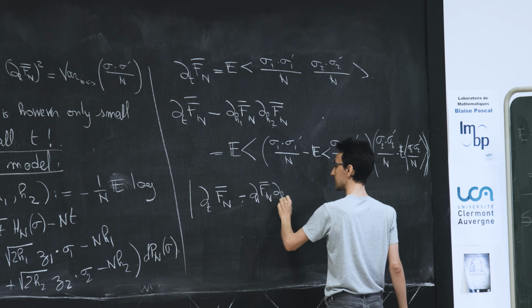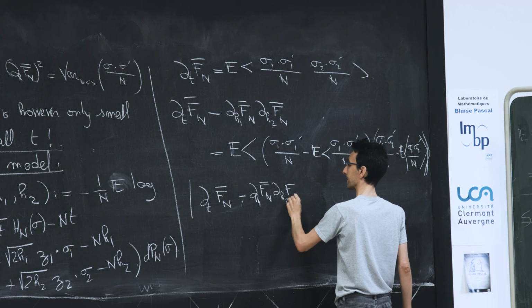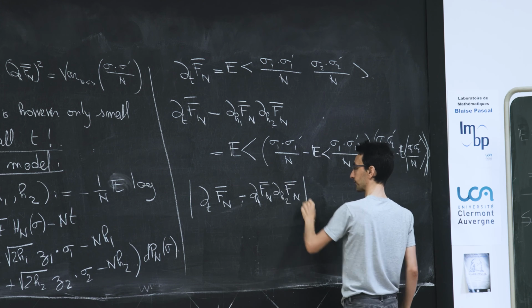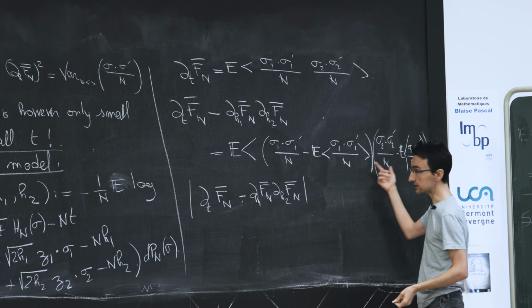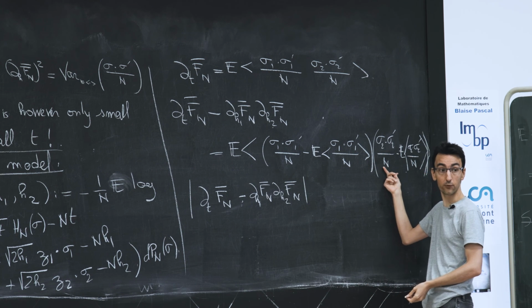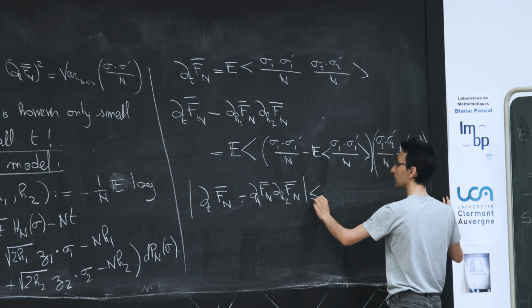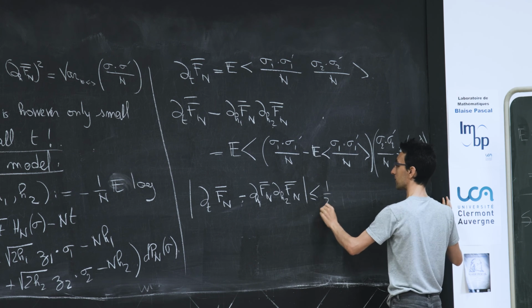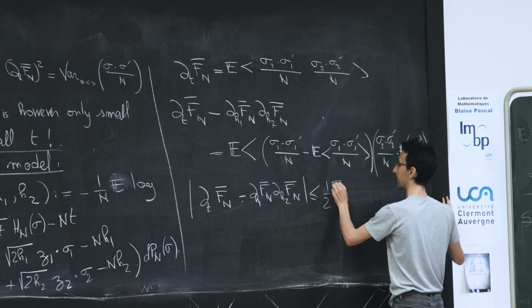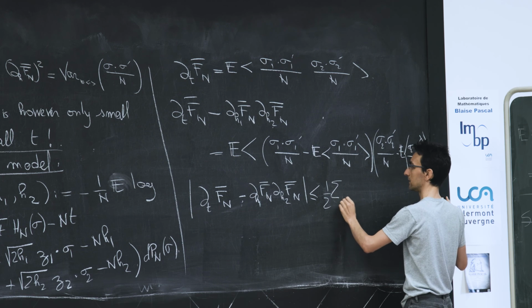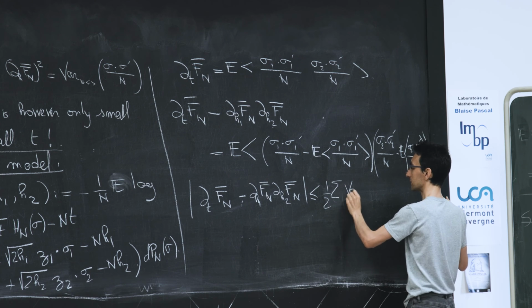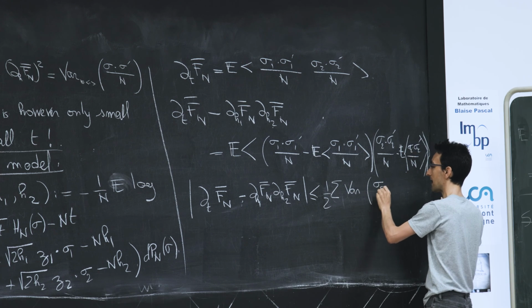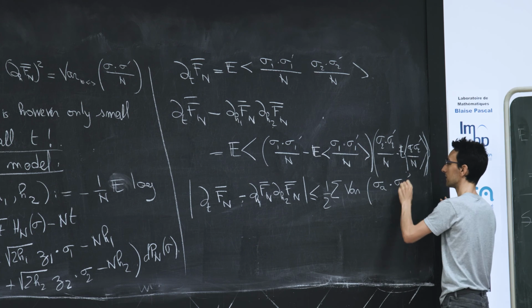Just because you can say fn bar, that xy is smaller than 1/2 of x squared plus 1/2 of y squared, for instance. So this is smaller than, let's say, 1/2 of the sum of the variances. Maybe I'm going to write like this, of sigma a, sigma a prime.